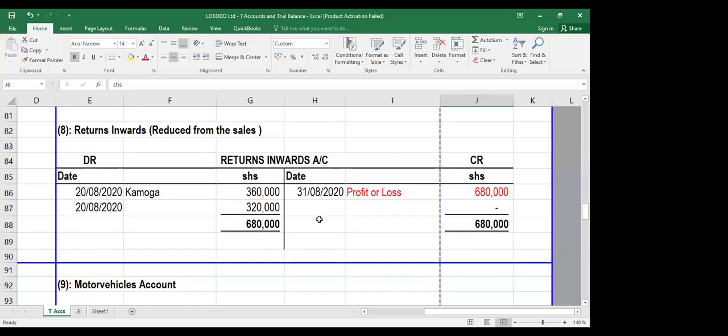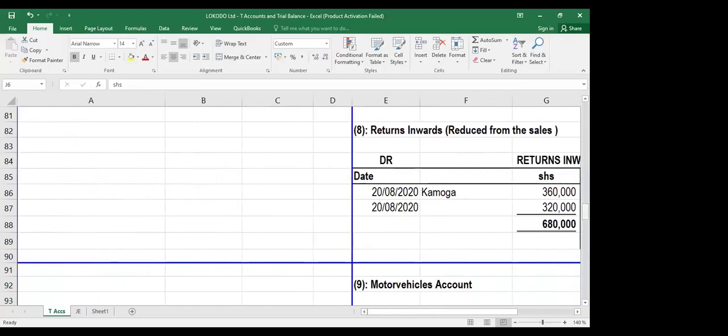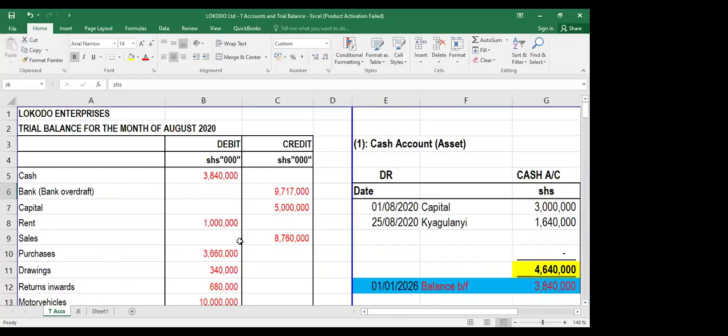Then from these ledger accounts, you go ahead to prepare the trial balance. You come from the journal entries to the ledger accounts to the trial balance. That is the systematic way in which double entry is done.